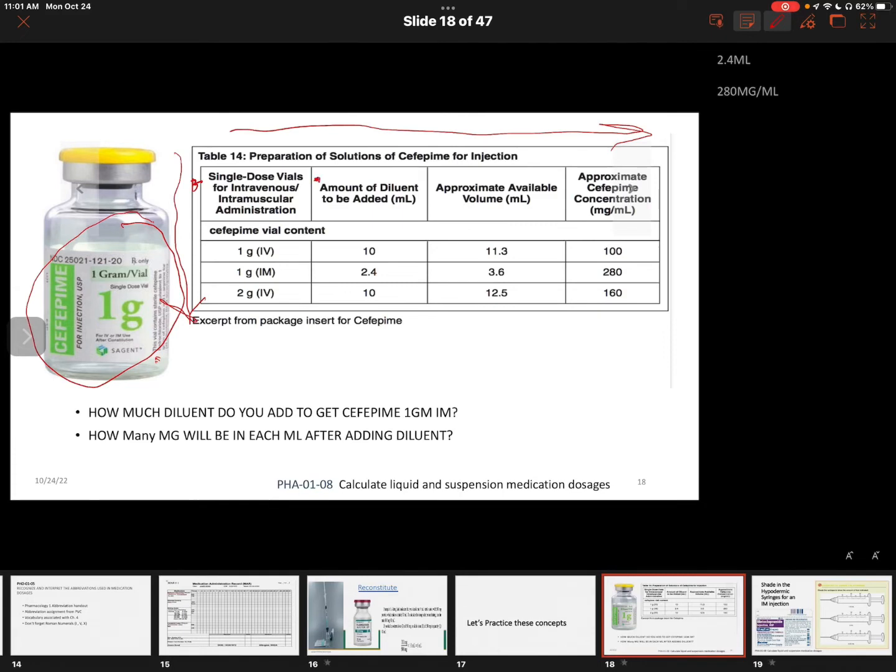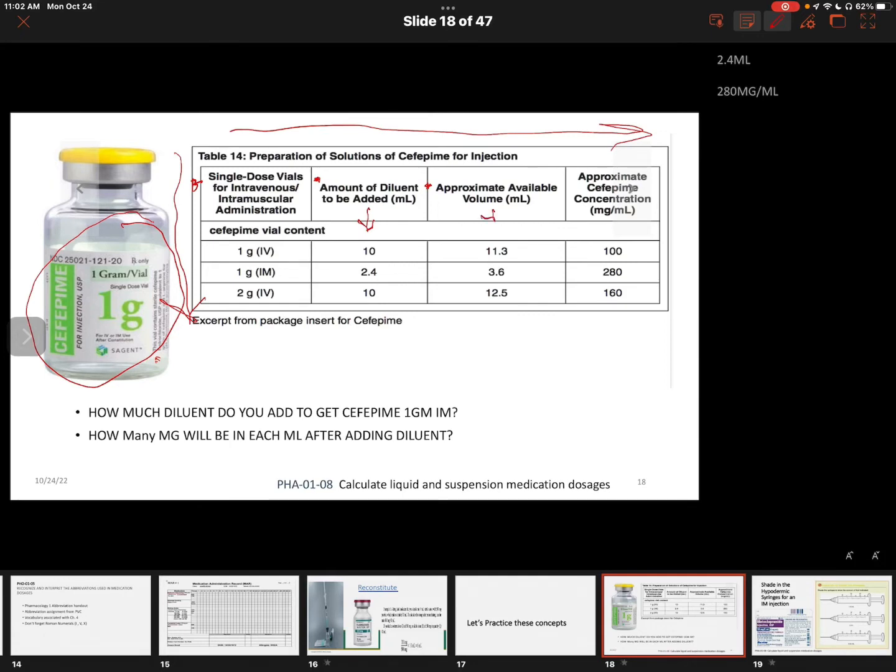The next box says the amount of diluent to be added in milliliters, which means if we needed to reconstitute this, down below are the milliliters that it's telling us to add to the bottle. The next box says the approximate available volume.